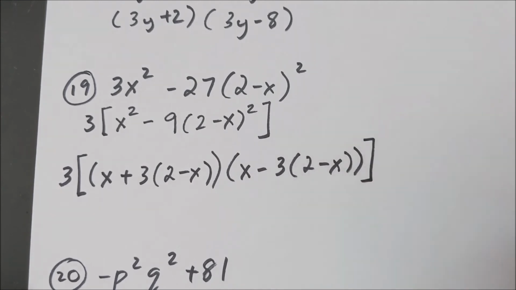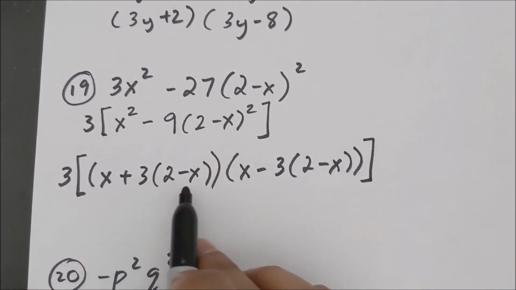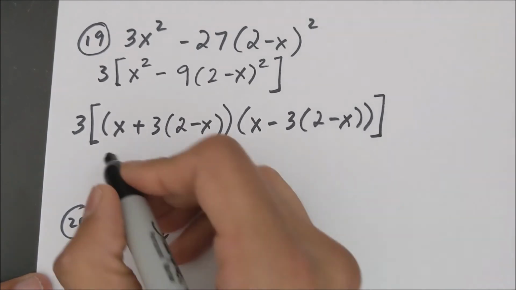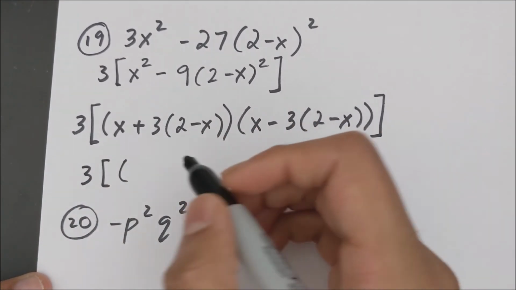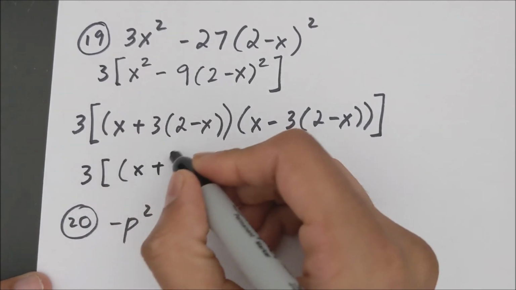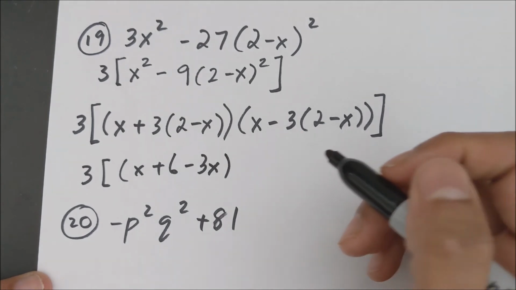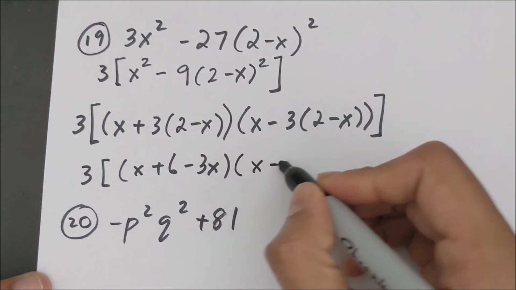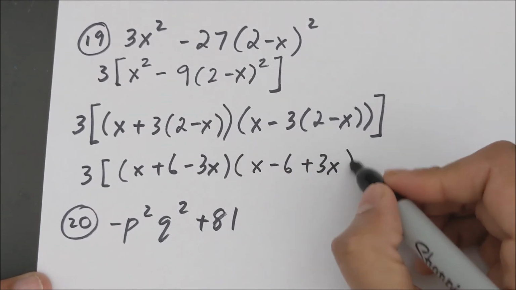After this, all you have to do is simplify the insides of the brackets. I'm going to do it a bit to the side. So 3x plus 6 minus 3x, x minus 6 plus 3x.